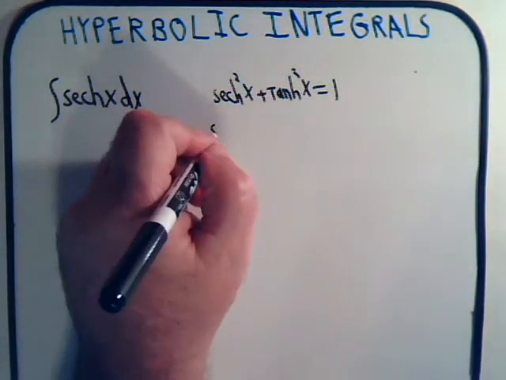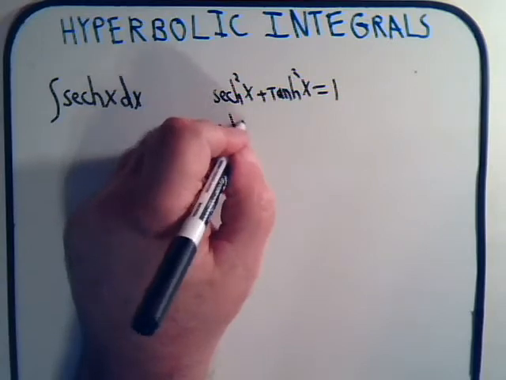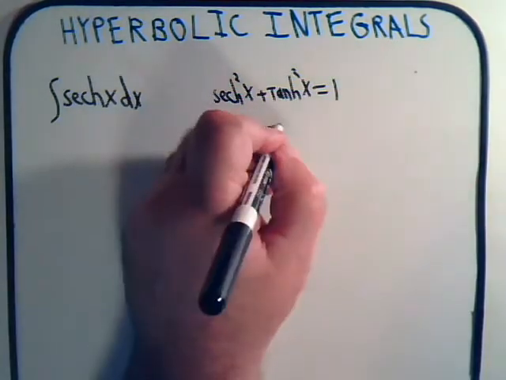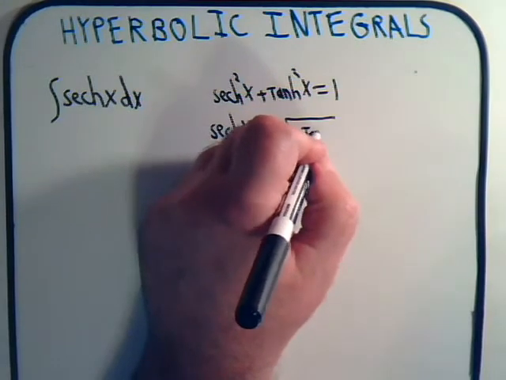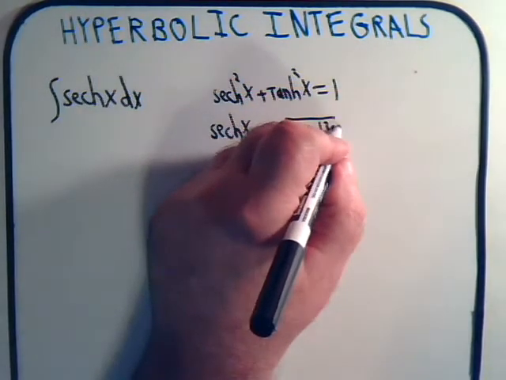So the hyperbolic secant of x would equal the square root of 1 minus the hyperbolic tangent squared of x.